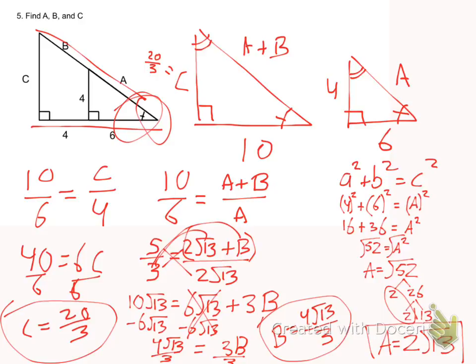So A and B, if you use approximations, it would be very hard to say I got the right answer. It would be approximately. Even 20 divided by 3 is not necessarily an easy one to get an exact number as a decimal. So all 3 of those we just found, and we have to leave them as fractions and with square roots in them.